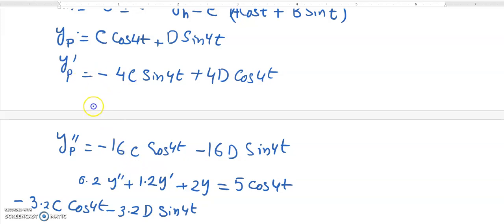For y prime p we will multiply by 1.2, so 1.2 times 4 is 4.8.